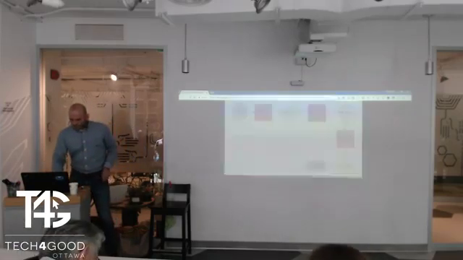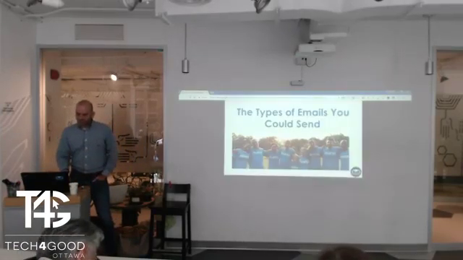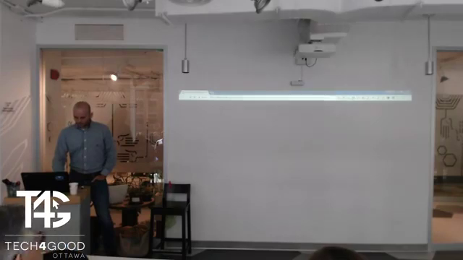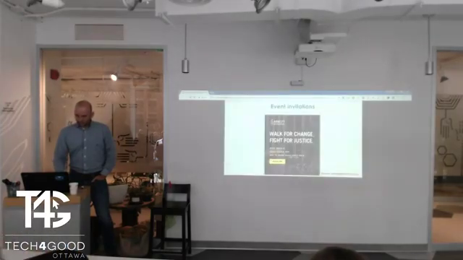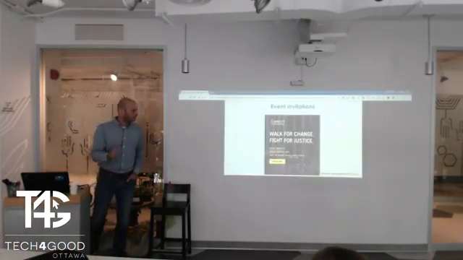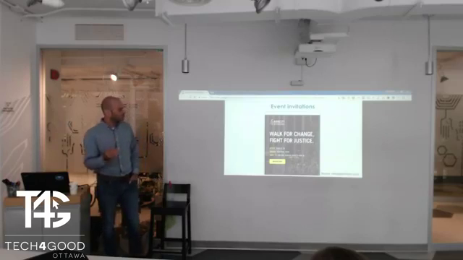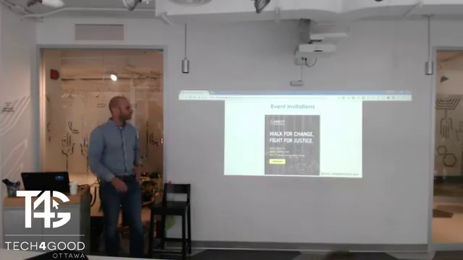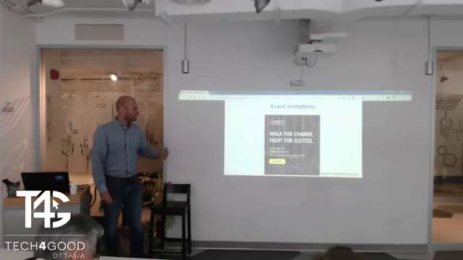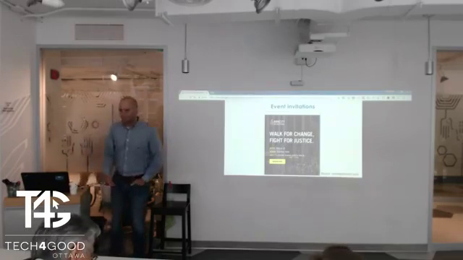So quickly, I wanted to talk about the different types of emails that you could send and that you could automate. We'll just go quick because I know that a lot of you send those types of emails. It's just a roundup to have an overall overview. So obviously event invitations.